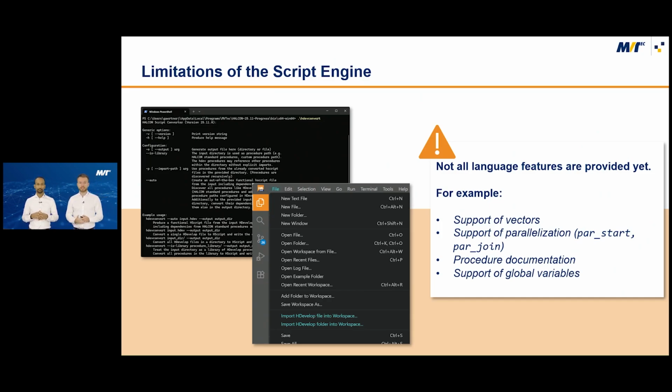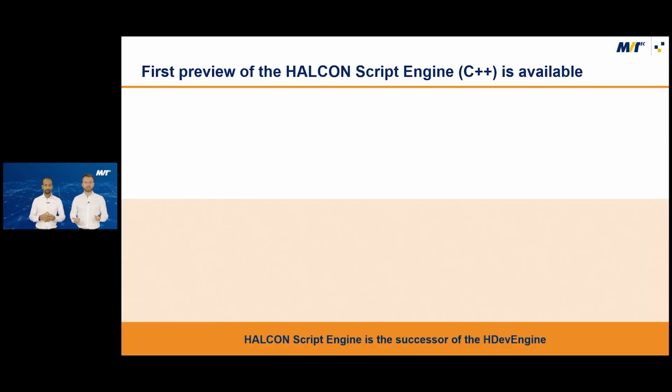And as Nirkant already mentioned, there's a script engine. And now for the first time, we are releasing the HALCON script engine, which is basically the successor of the HDev engine for C++, together with HDevelop EVO.